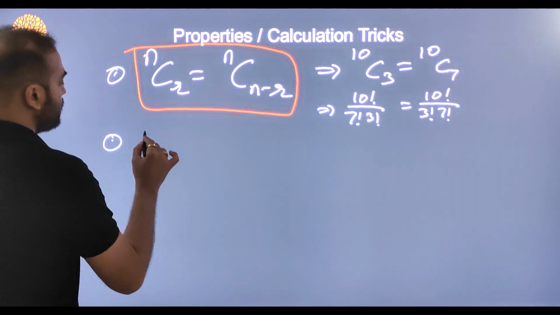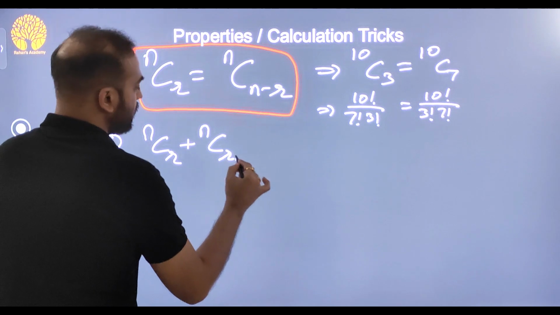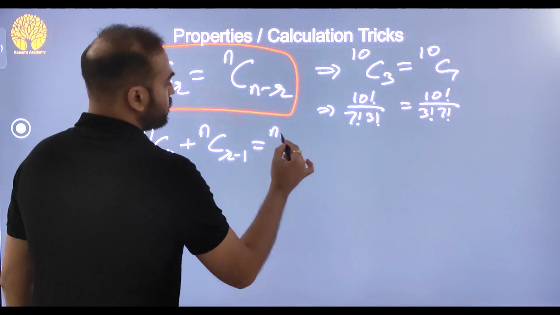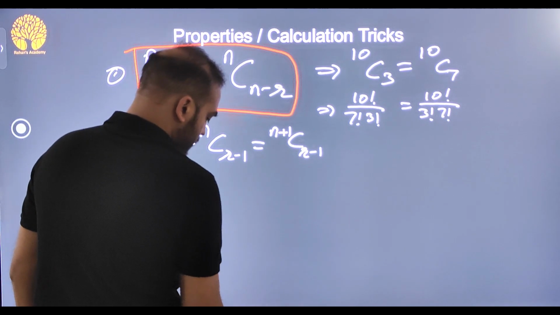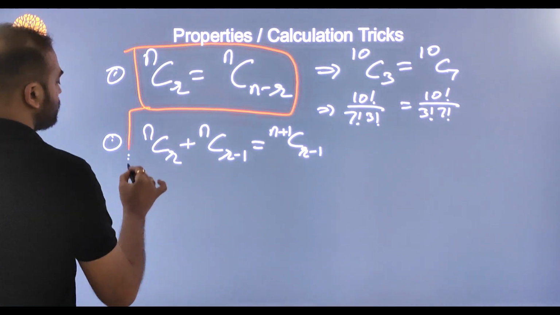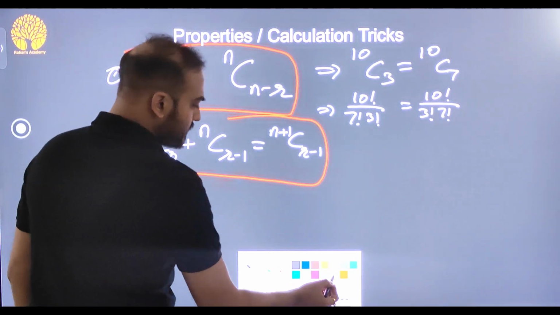Next, nCr plus nC(r minus 1) is equal to (n plus 1)Cr. Let's take an example to understand this.